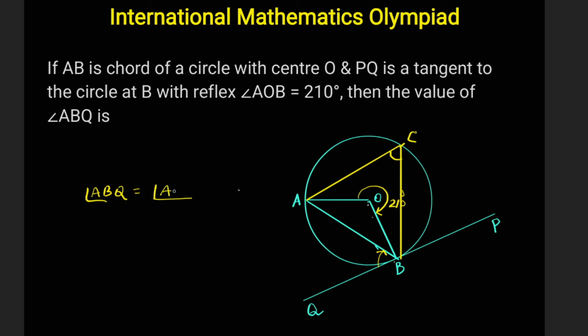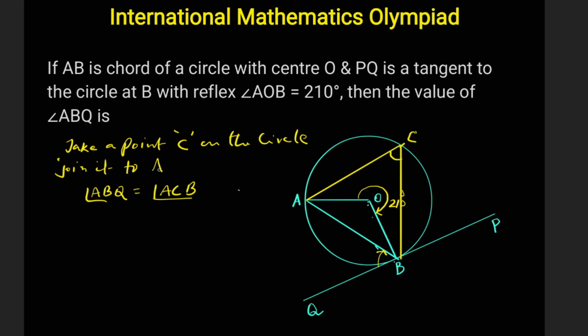C has come from taking a point C on the circle and joining it to A and B. Then these angles are equal.